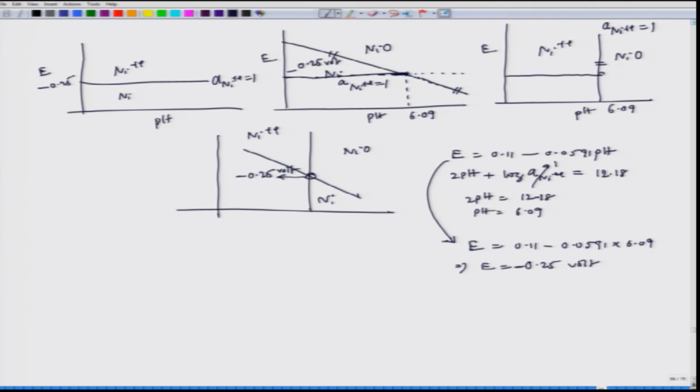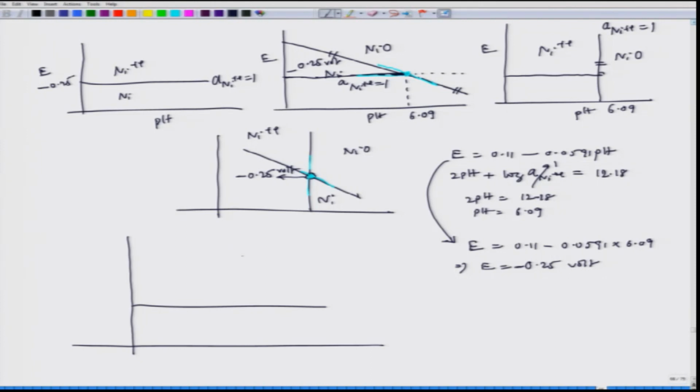The connection between this line and this line was this, and when I try to see the connection between this and this, they are also the same point, the same coordinate we are getting on the E versus pH plot. So, we would get a plot like this. Now, we combine all three reactions, this is reaction 1.